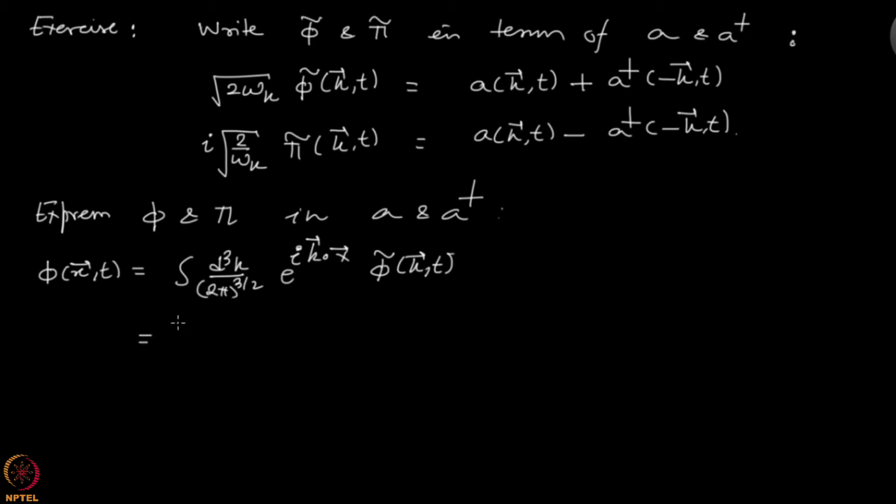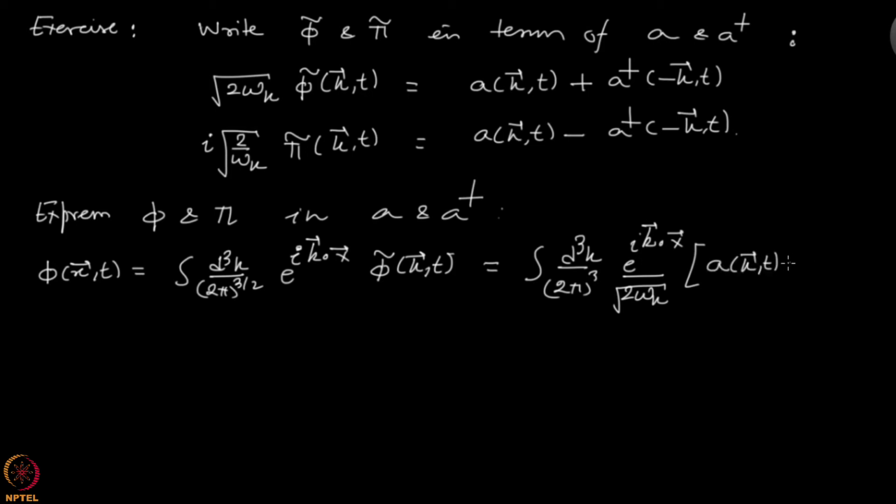This will give me the integral d cube k over 2 pi cube, then e to the i k dot x, and here you have 2 omega_k, so that's this factor which comes in the denominator, and you have these two, a_k(t) plus a dagger of minus k,t.